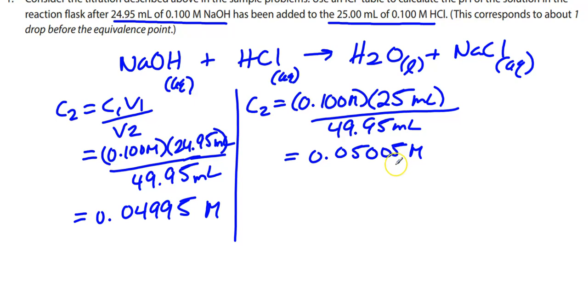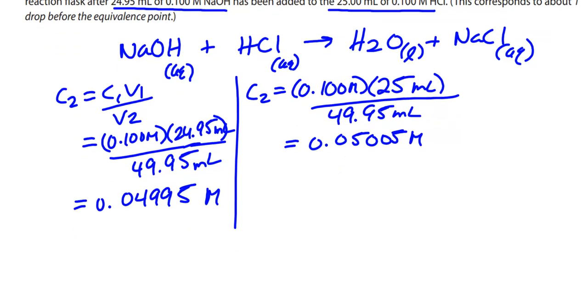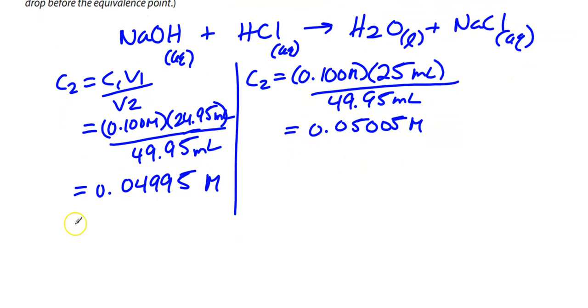So we can see we're going to have some acid remaining in the flask, right? So essentially what it wants us to determine is the pH. Our NaOH is our limiting reactant, so this is going to fully react. We're going to have none of that left.